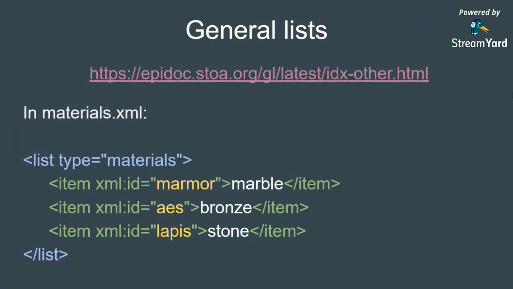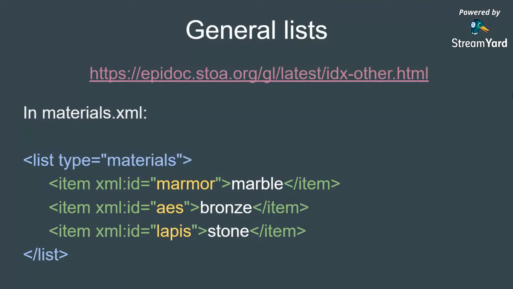We have here examples of general lists, and if you want to retrieve these examples, please go on the link which is on this slide, where you will find more examples of this kind.